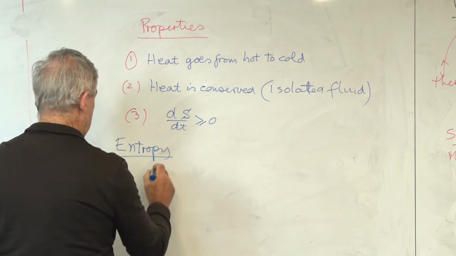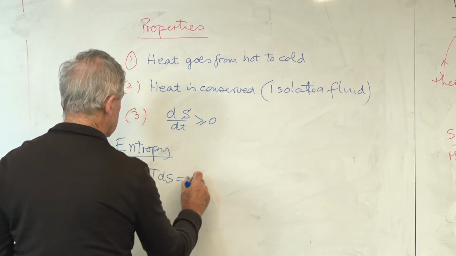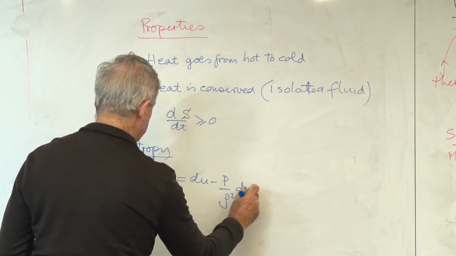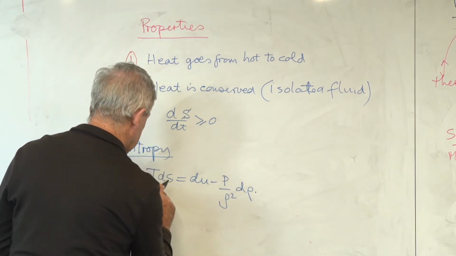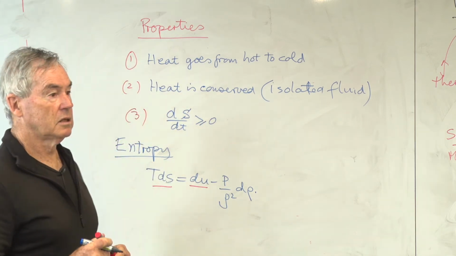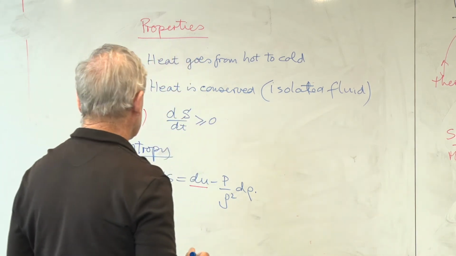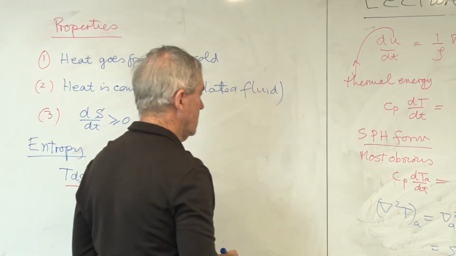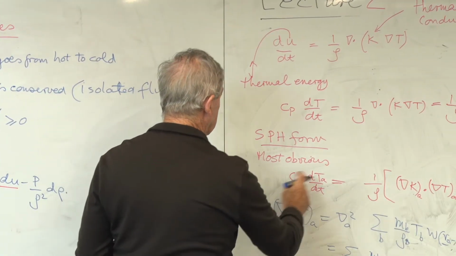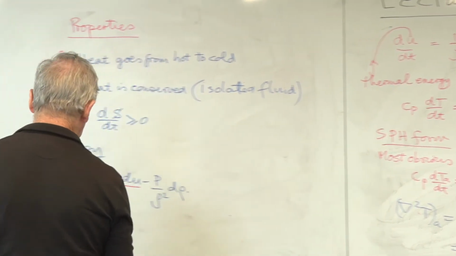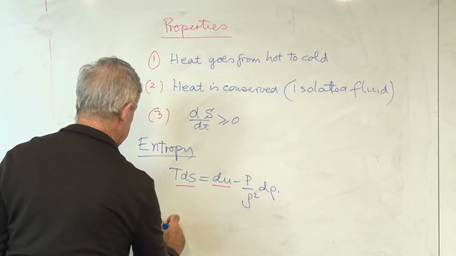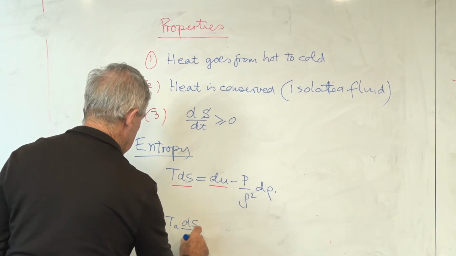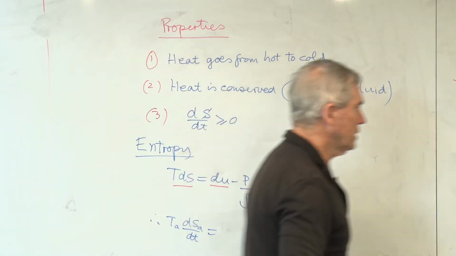Entropy. Fluid dynamics tells you that TdS is equal to du minus p on rho squared d rho. Now we're just actually going to concentrate on these guys. So TdS is du, so this is really T ds dt. So therefore, Ta dsa dt is equal to all this stuff over here.